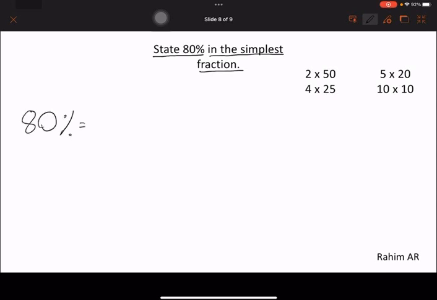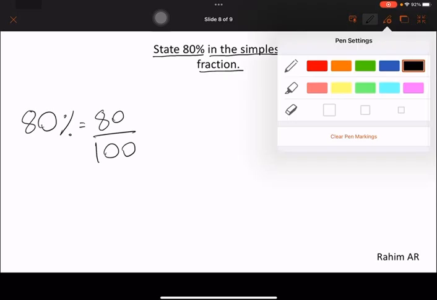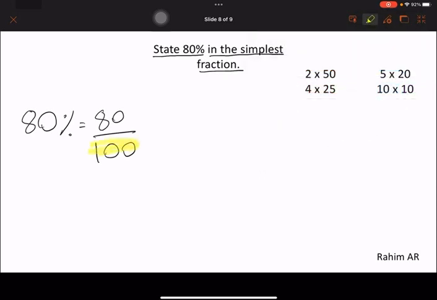Remember, whenever we change any percent number to a fraction, we will get 100 for our denominator. So 80 over 100. No matter how large the number, if the number is percent and we change it into fraction, the denominator will be 100.